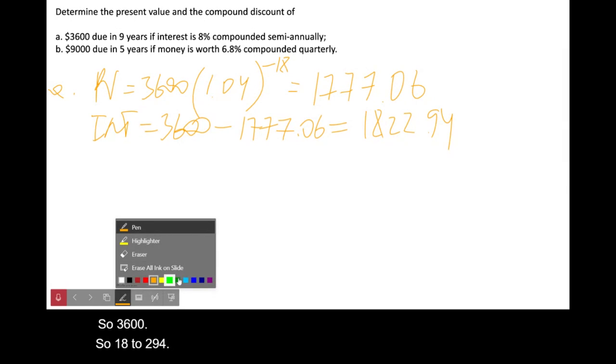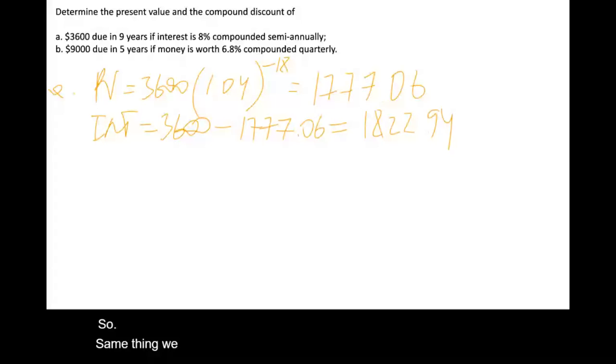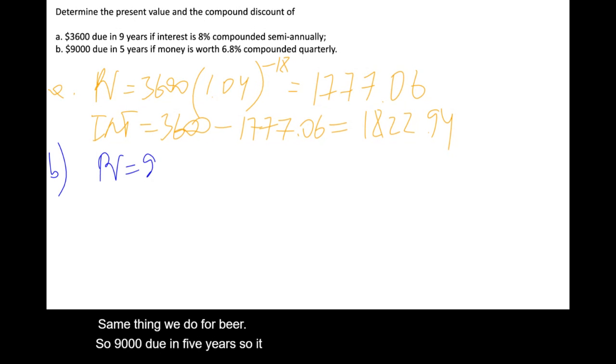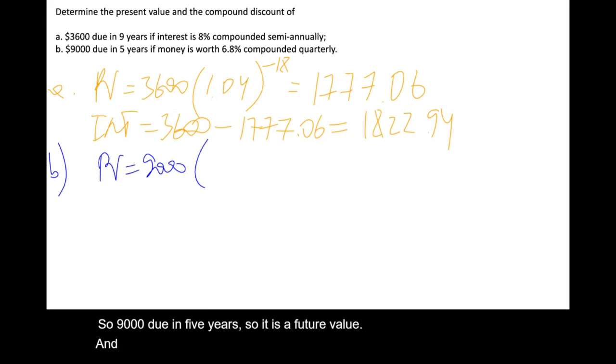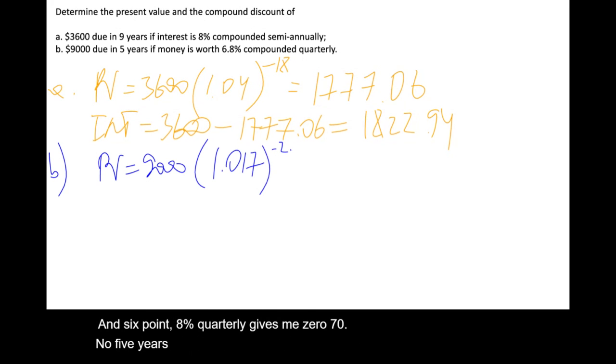So same thing we do for B. So 9,000 due in 5 years, so it is a future value. And 6.8% quarterly gives me 0.017. Now 5 years quarterly, it's 20. Okay, let's see.